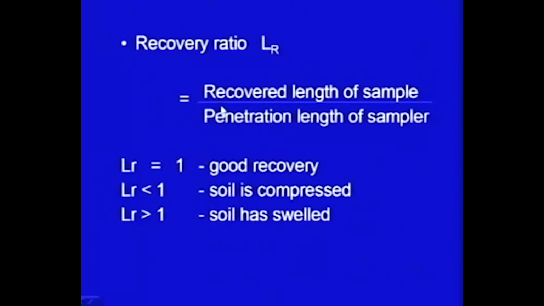It is defined as recovered length of the sample divided by penetration length of the sampler. If the recovered length is equal to the penetration length, then it is a good recovery. If recovered length is less than penetration length, that means the soil has compressed, and the reverse can also occur. If recovered length is more than penetration length, that means the soil has swelled.